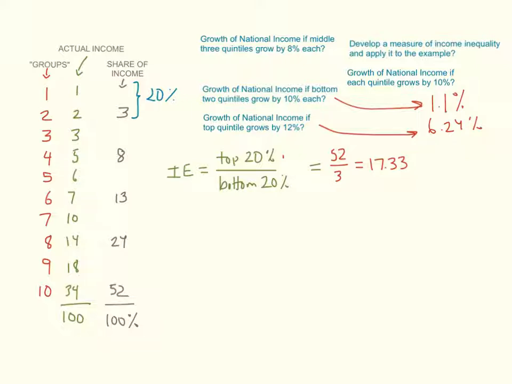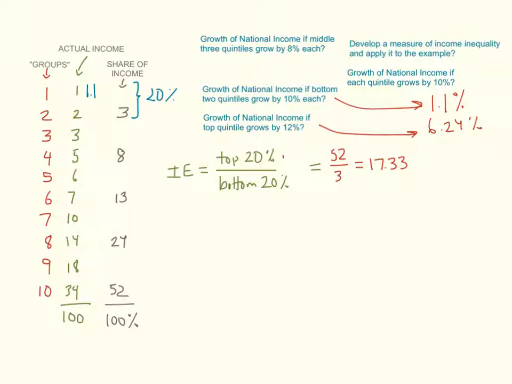So if there was growth in the bottom 40%, and each of those groups grow by 10%, what happens is that for individual number 1, his income is going to go from 1 to 1.1. That's a 10% increase.